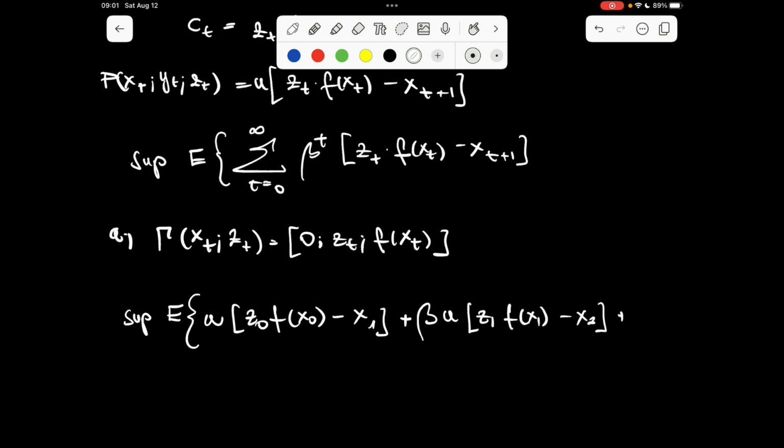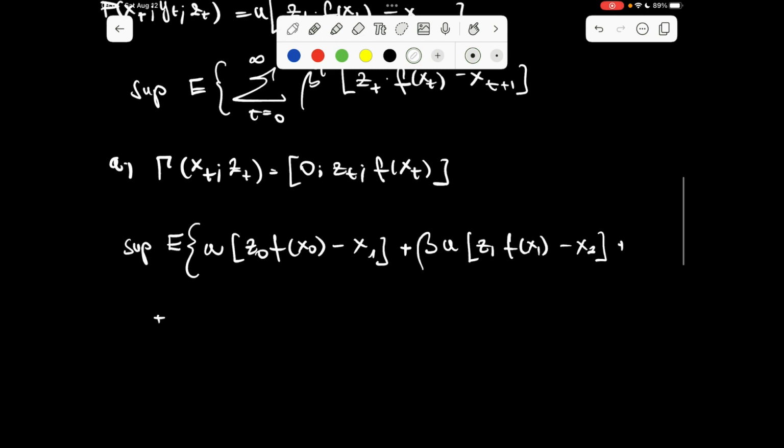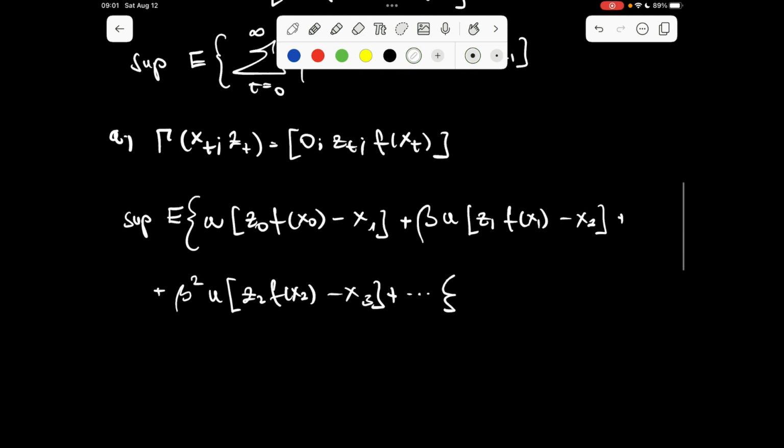And the third term, and the like until infinity, which in short can be described as an infinite sum.